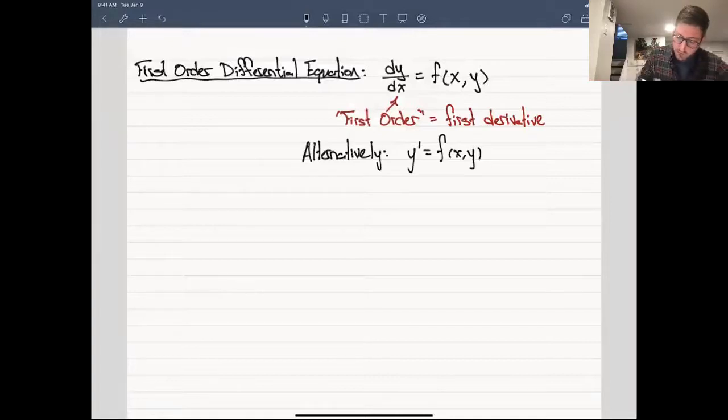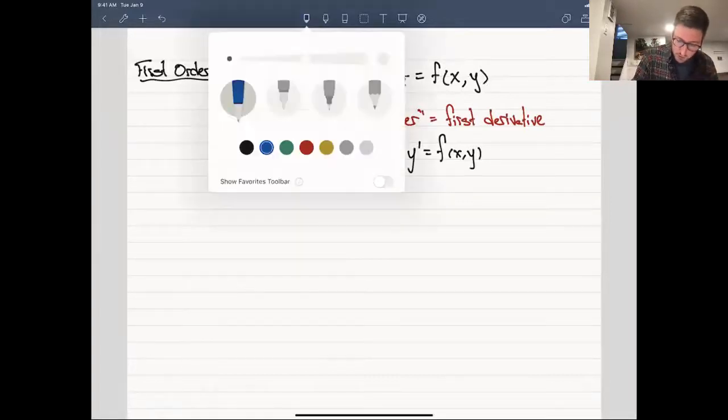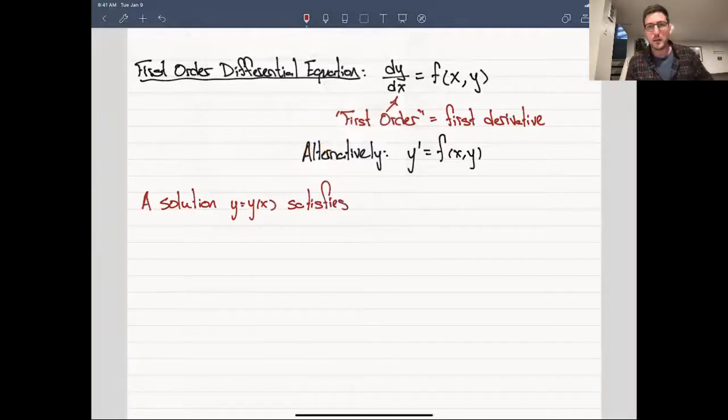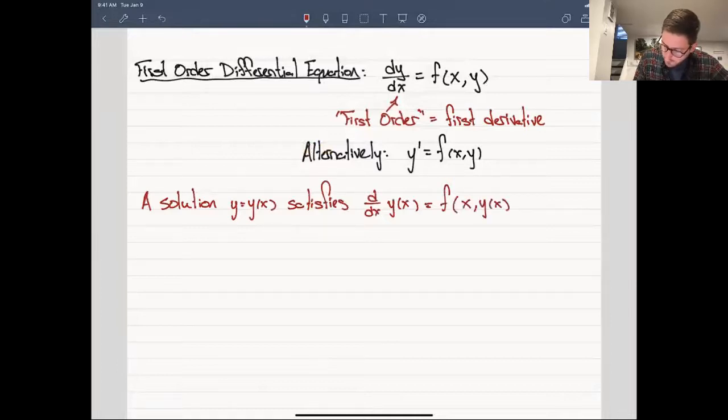And so what do we mean by a solution to this equation? Well, a solution y is equal to y of x satisfies, well, if you take the derivative of that function, this has to be the right-hand side, f at y of x, for all x in the domain.